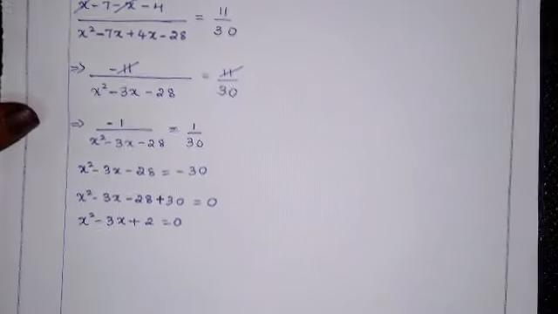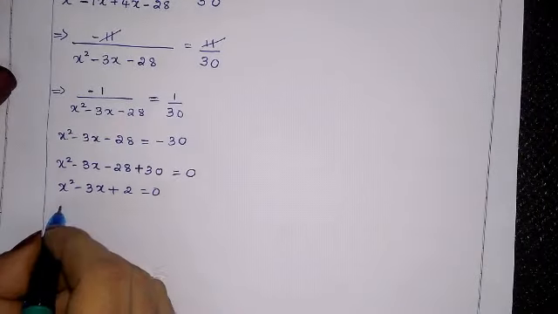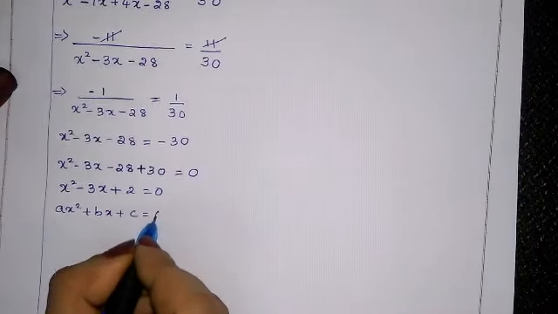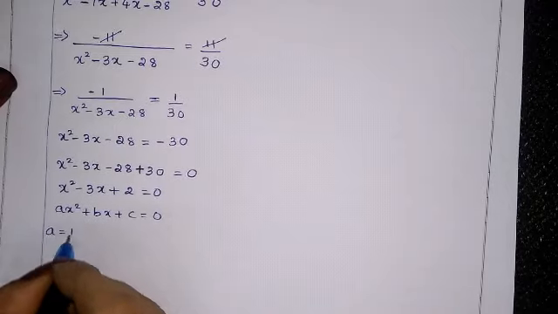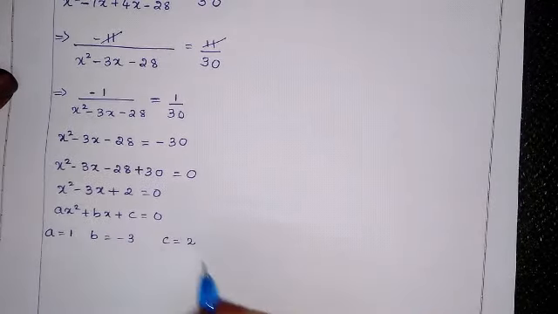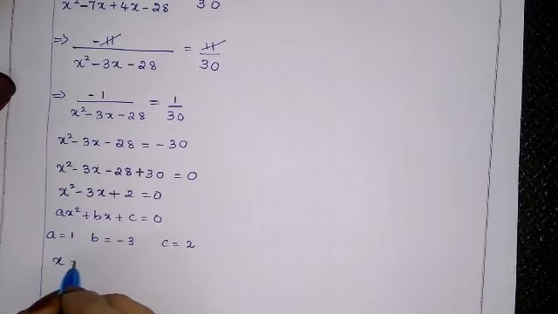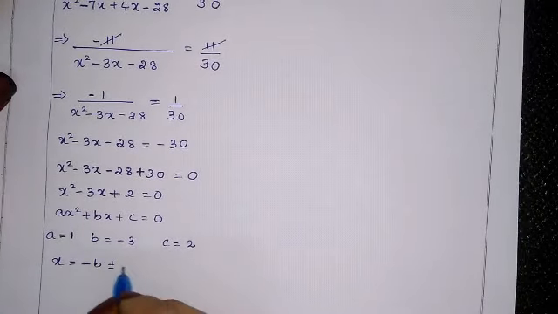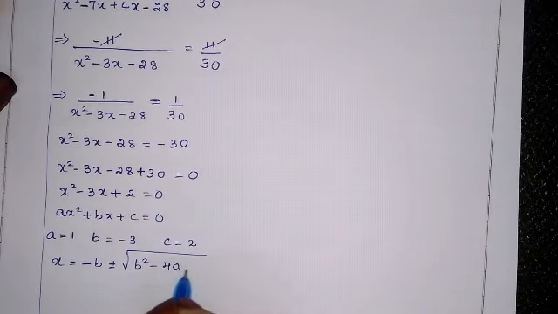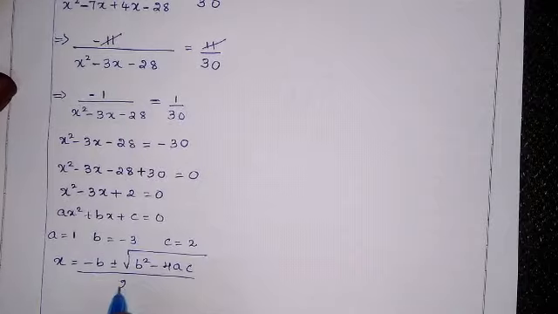We can solve this by the formula method. We compare this with ax squared plus bx plus c equal to 0. a value is 1, b value is minus 3 and c value is 2. x is equal to minus b plus or minus root of b squared minus 4ac upon 2a.